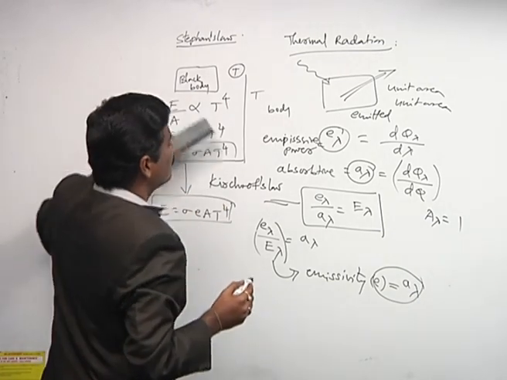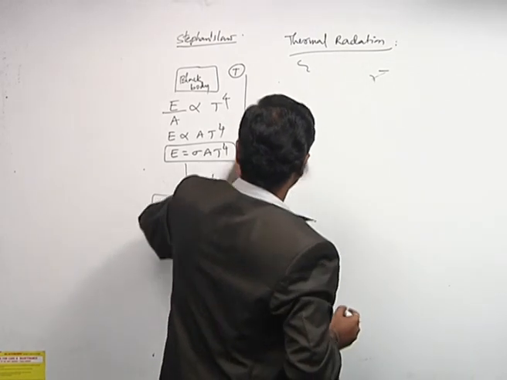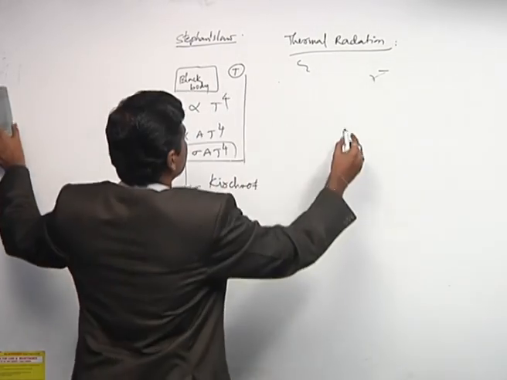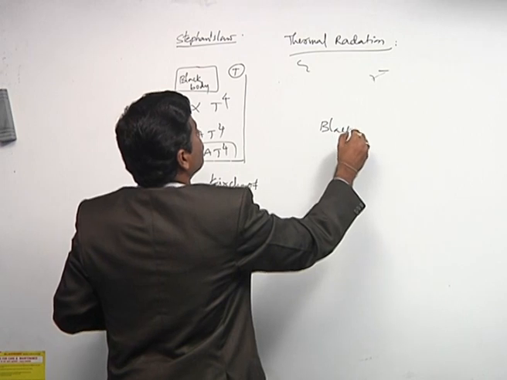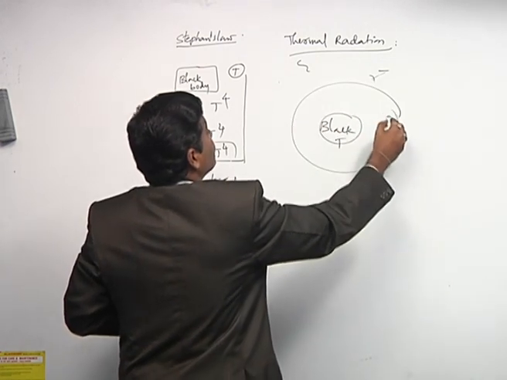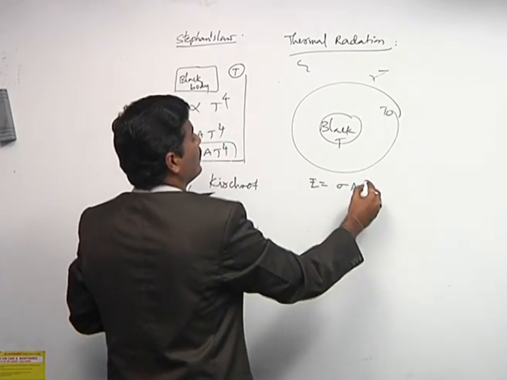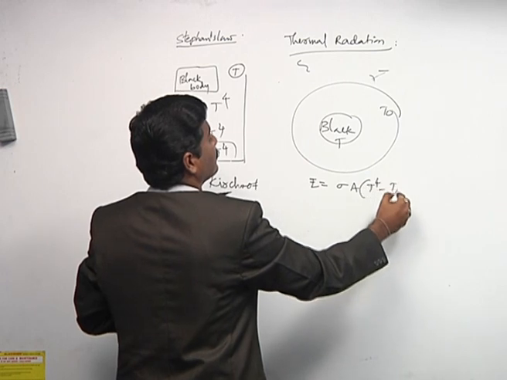This is for the black body maintained at temperature T. Let the same black body be maintained in surroundings at T naught. Then the energy loss will be equal to sigma A (T to the power of 4 minus T naught to the power of 4).